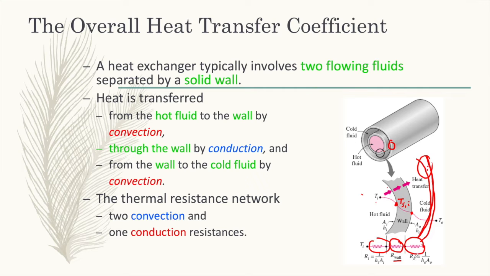This is Ro, the outer resistance, and the convection resistance is 1 over ho Ao. Here ho represents the outer convection heat transfer coefficient, and Ao is the outer area. You have to use the area where the heat transfer occurs.